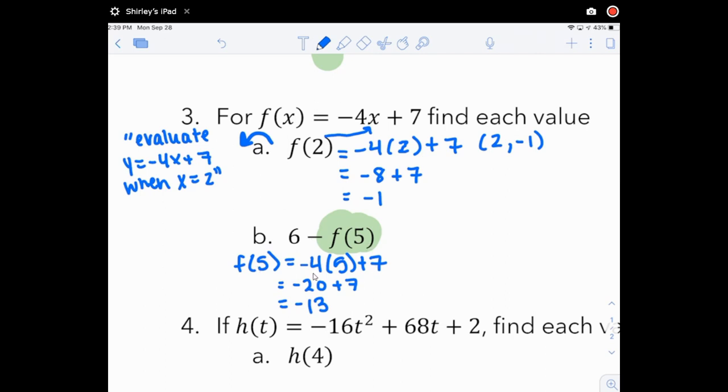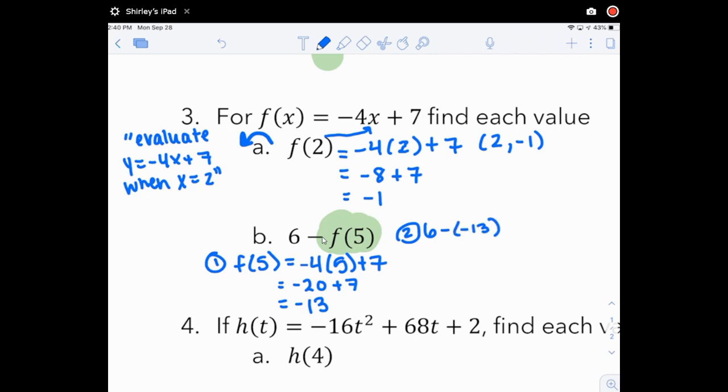But now my whole piece to simplify says take 6 minus f at 5. So if f at 5 is equal to negative 13, now I'm going to take that whole negative 13 and plug it in, paying careful attention to the fact that I haven't used the subtraction sign yet. So step 1 was to find f at 5. Step 2 is to now simplify everything. I didn't use the 6 or the minus; all I did was determine that f at 5 was equal to negative 13.